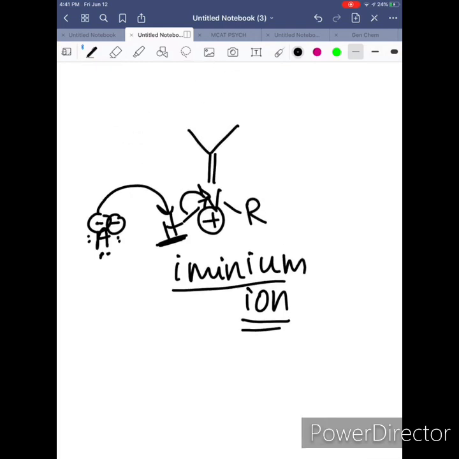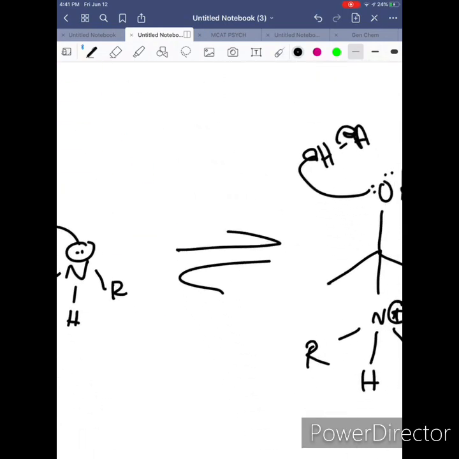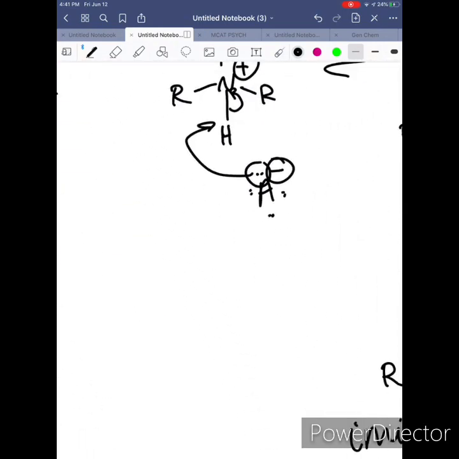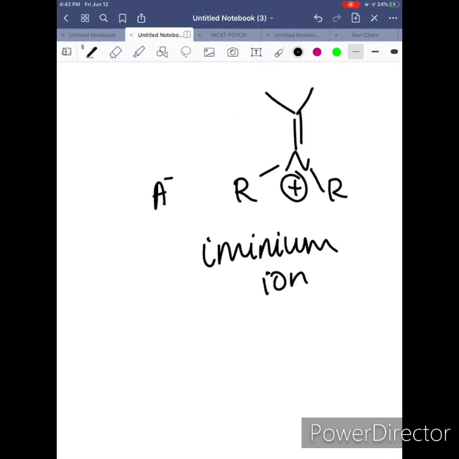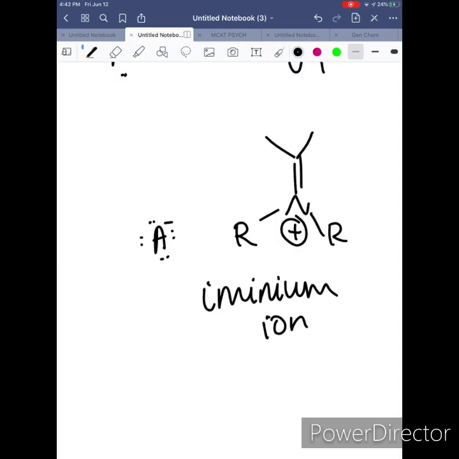And the base captures this acidic hydrogen that I have on this iminium ion, and then this gives me my imine. However, if I go down here, I still have a base, A minus, but I have no acidic hydrogens. And I can't take an R group. Bases can't really capture those. They can only really capture hydrogens on the groups, right?